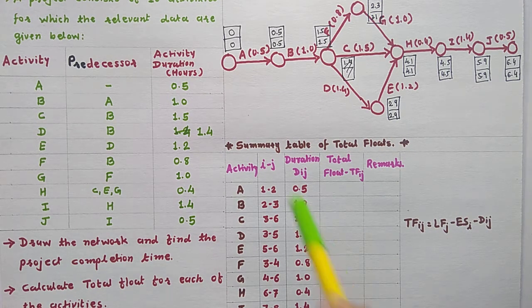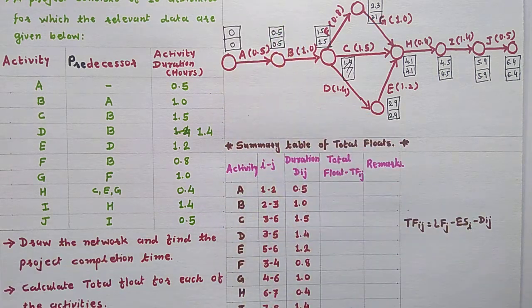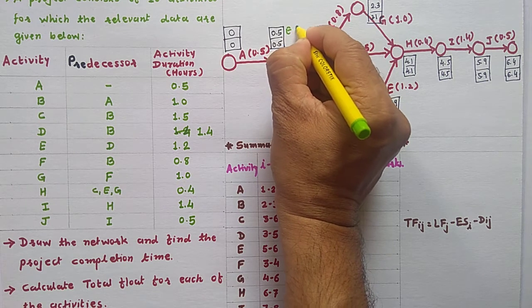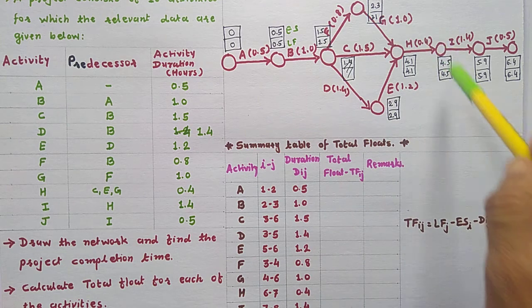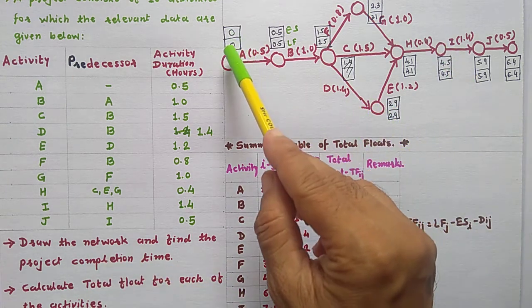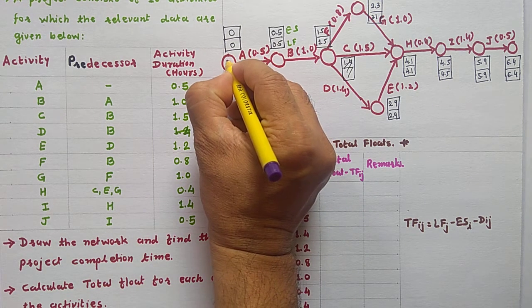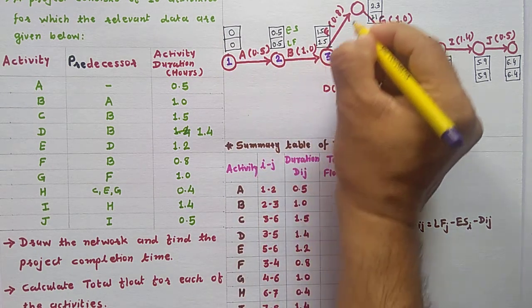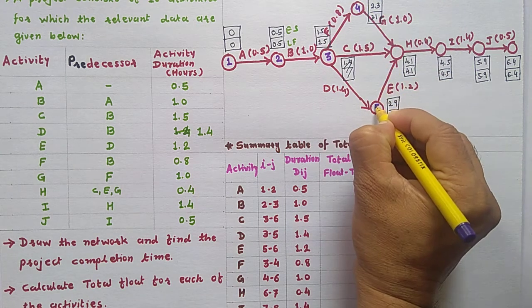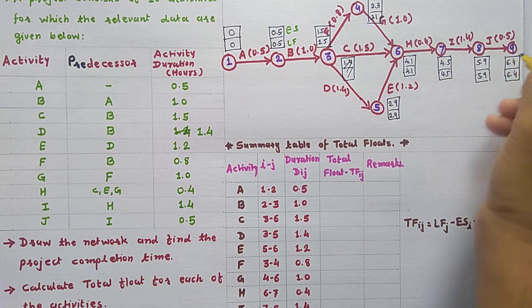So we know the method to determine the earliest start time and latest finish time. I have written down all the earliest start and latest finish times in our network diagram. Before that we need to give the event numbers 1, 2, 3, 4, 5, 6, 7, 8 and 9.